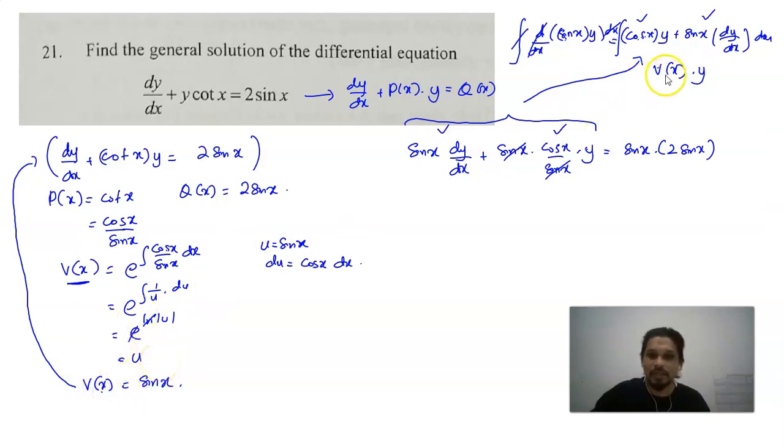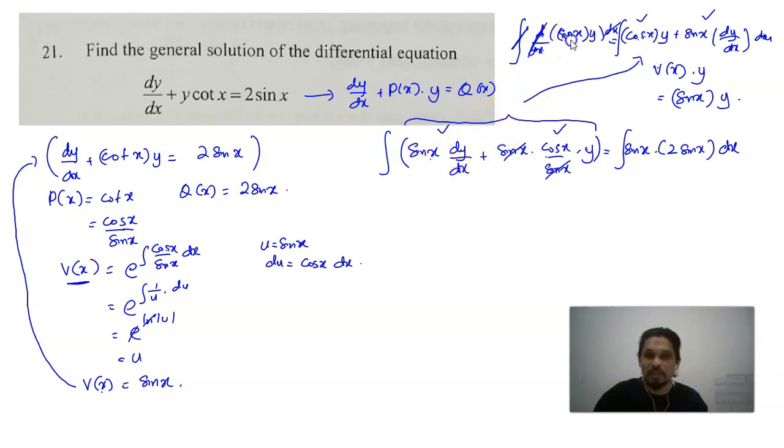Cancelling between differentiate and integrate gives you sine x multiplied with y.